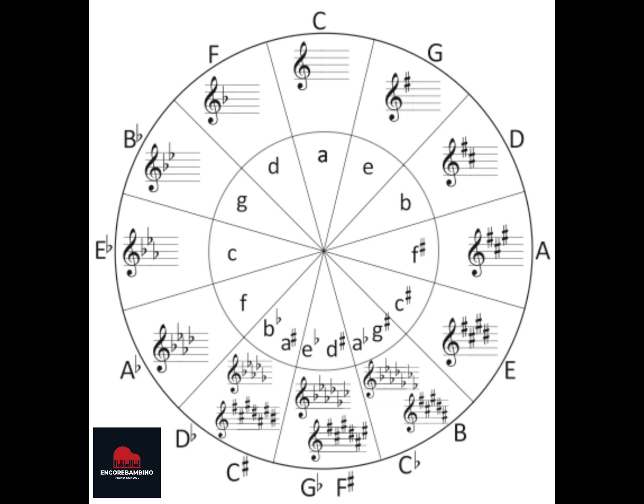So for example, let's look at C. C major has a relative minor key of A minor. That means the same exact notes are played in C major and A minor. The same holds true going around the circle. G major, relative minor is E. D major, relative minor is B, and so on and so forth.